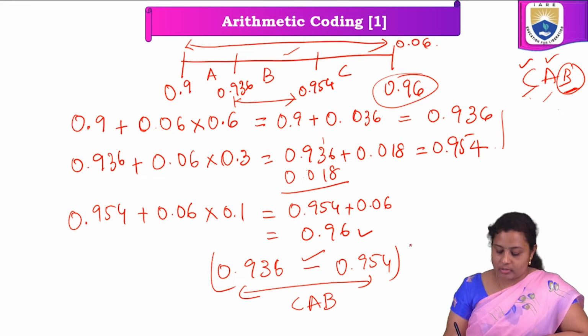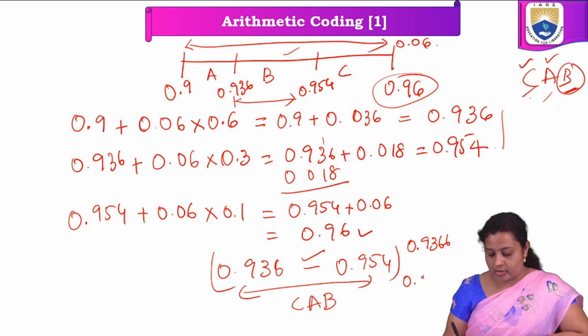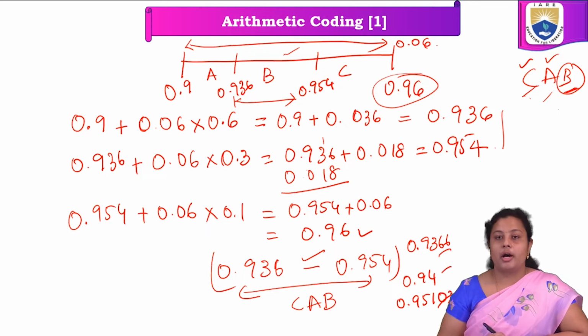So I can take the value as 0.94, some can take 0.95102. Any of these values is appropriate for my code of the sequence CAB.